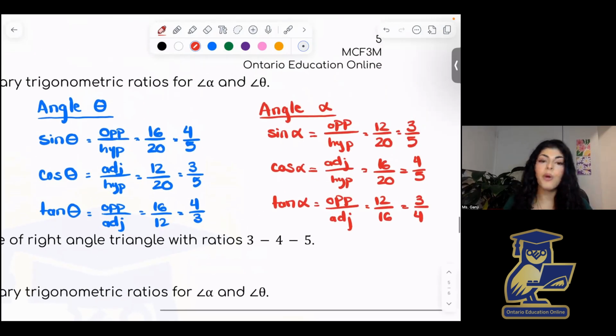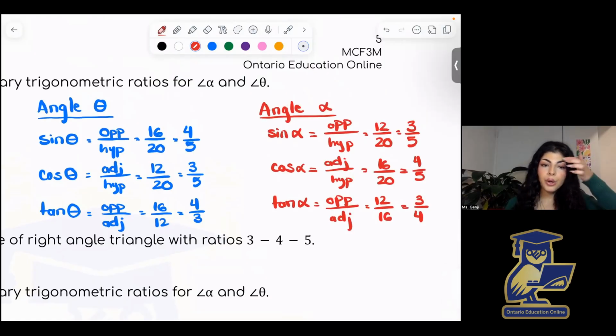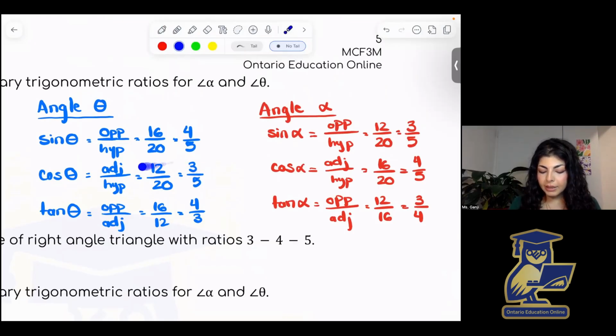Now take a moment and compare these. Do you notice any similarities, any differences? How can you compare the ratios? As you can see, the value here is the same as here. So the cosine of this angle is equal to the sine of this angle, and the sine of this angle is equal to the cosine of this angle.